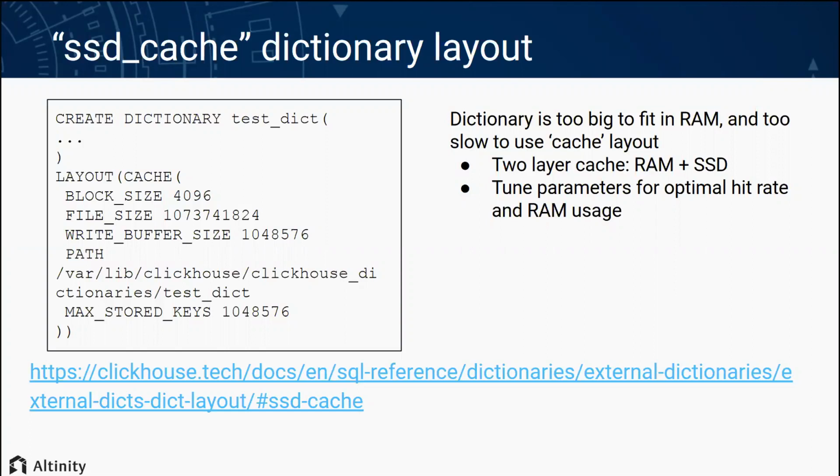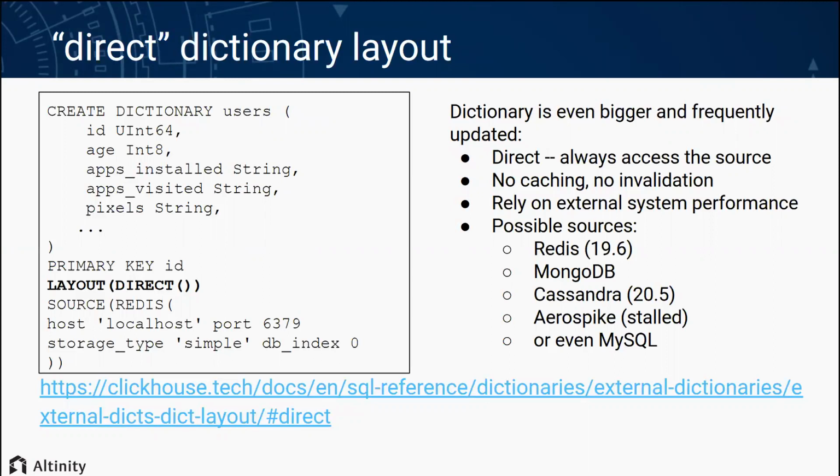Next slide, please. But it's possible that your data is even bigger and you cannot even use SSD cache, or your data changes too often, so you cannot use a reasonable invalidation strategy. For that use case, there is a new layout called direct.